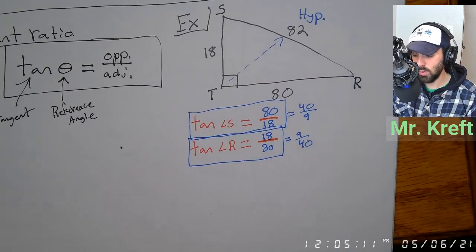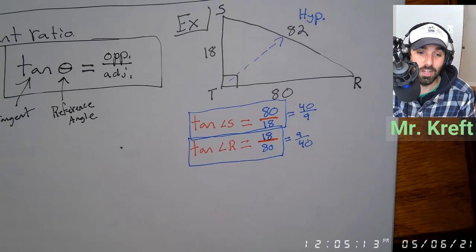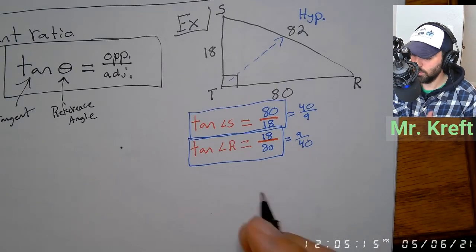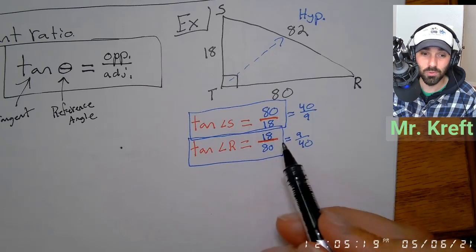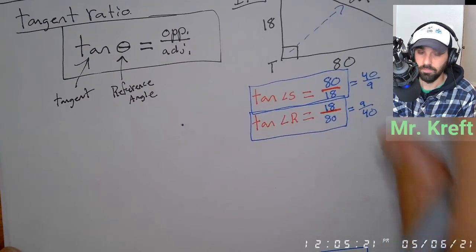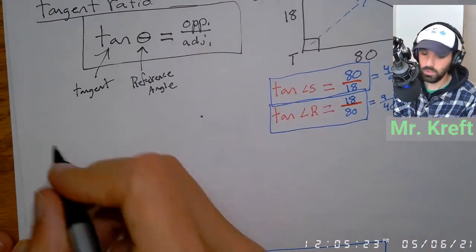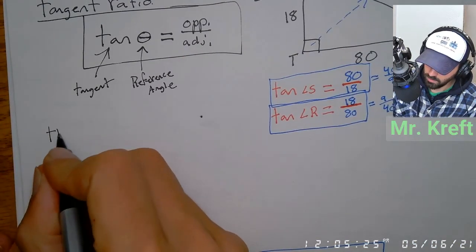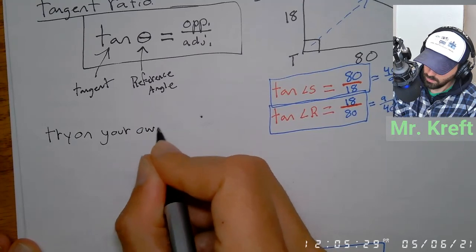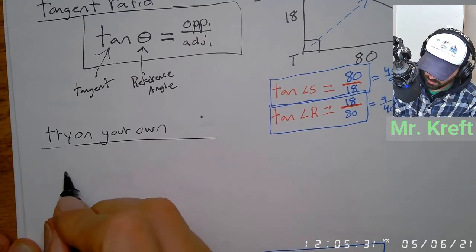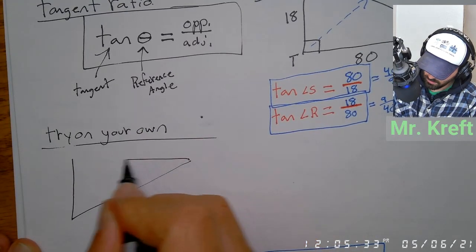Now I'm going to have you guys try one on your own. For right now, it's just tangent of our reference angle equals this ratio. Okay, how are we doing for time? So let's do try on your own. I'm going to draw one more triangle.